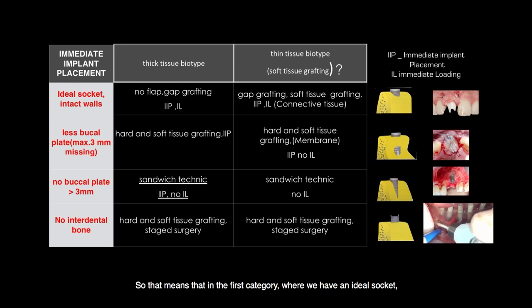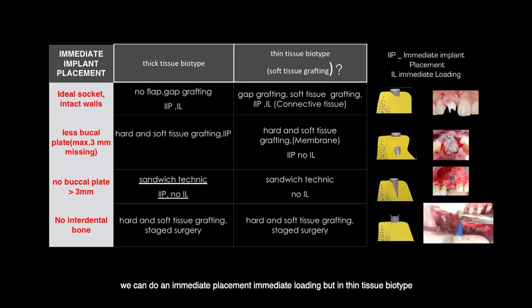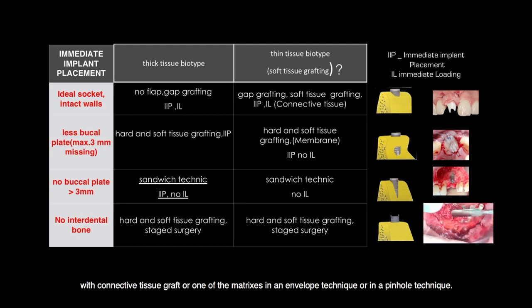So that means that in a first category, where we have an ideal socket, we can do an immediate placement, immediate loading, but in thin tissue biotype, we will have to graft the soft tissue in the same session with a non-invasive method of grafting of the soft tissue with connective tissue graft or one of the matrices in an envelope technique or in a pinhole technique.